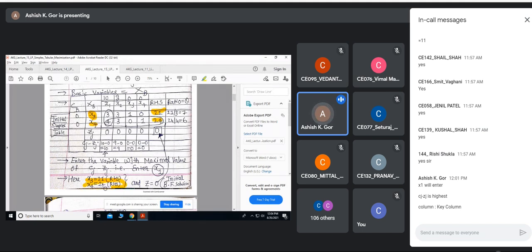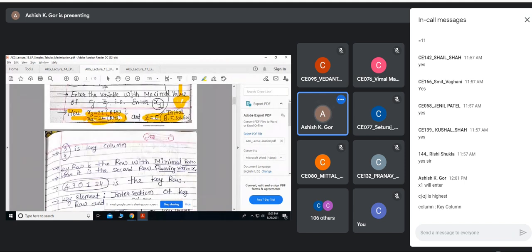Which means x1 and x2 are non-basic, so z is equal to 0, and you know that this is a feasible solution. X1 and x2 both are 0, but you have to read it like this: x3 equal to 21, x4 equal to 24. And what is z? You see this column, z, and this one is 0. 0 into 21 plus 0 into 24 is also 0. So z is equal to 0. This is how you have to read.